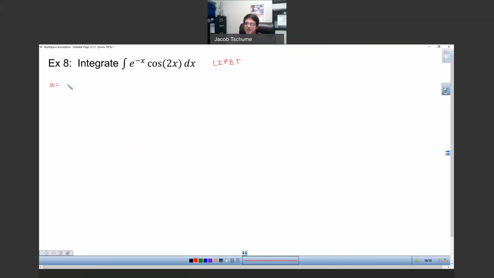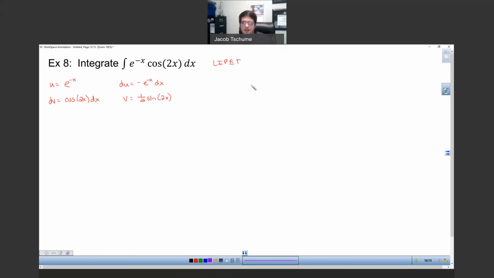So therefore the e to the negative x is actually going to be your u function here, and your dv would be the double angle of cosine dx. Find their opposites. So du would be negative e to the negative x dx, and v would be 1/2 the sine of 2x.